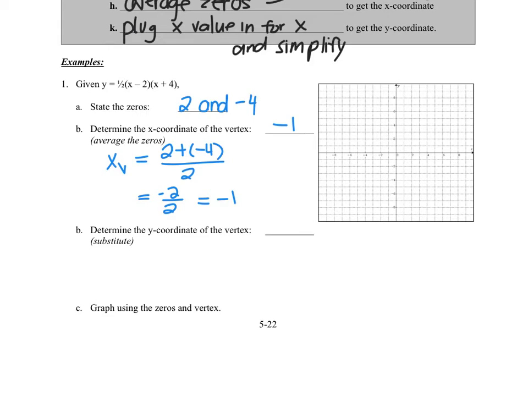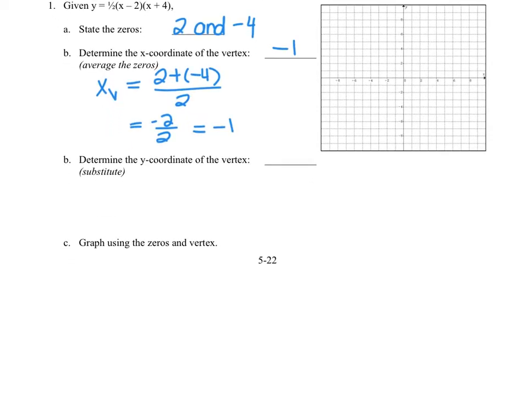Now, I'm just going to do a little substitution, a little calculator work to get my final answer. So y equals 1/2, and instead of x, I'm going to put negative 1 because that's what I just solved for, minus 2, and then negative 1 plus 4. Now I just simplify. Okay, you can use your calculator and do it all in one step, or you can simplify each bracket and then multiply your 3 numbers.